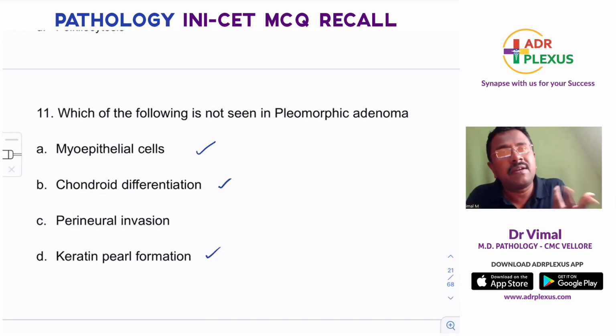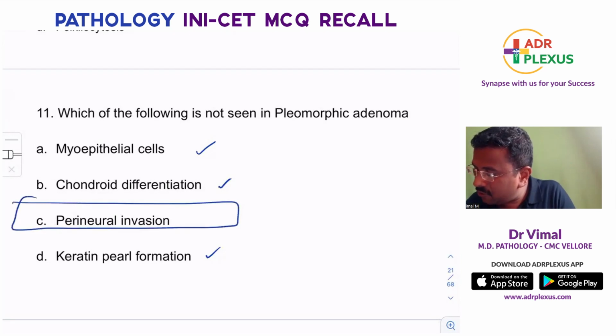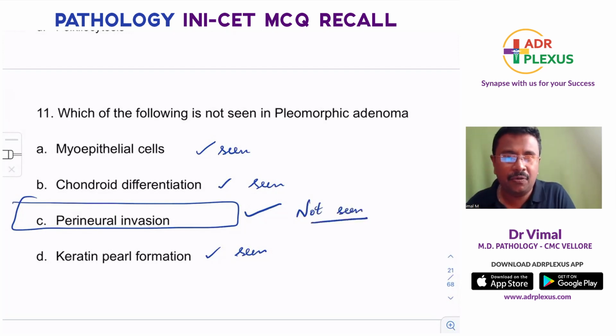How can it be a feature of a pleomorphic adenoma, which is a benign tumor? Perineural invasion will not usually be seen in a pleomorphic adenoma. So the option we have to choose in this question is perineural invasion. This is seen, this is seen, this is seen, and perineural invasion will not be seen in pleomorphic adenoma.